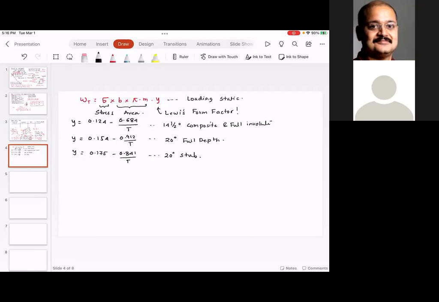But in actual practice, the gears are not stationary. They are rotating. So what we need to do is look at the dynamic effects on the gear.